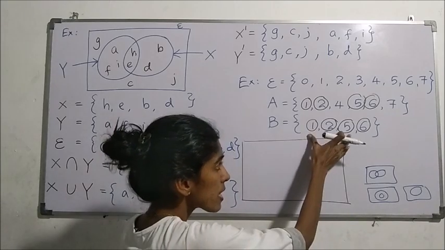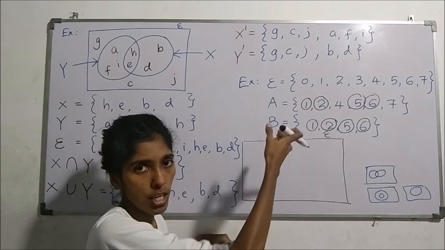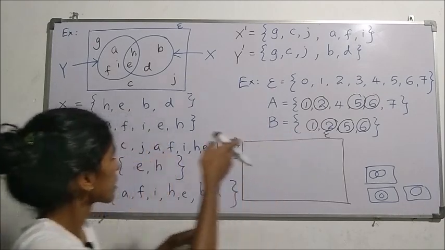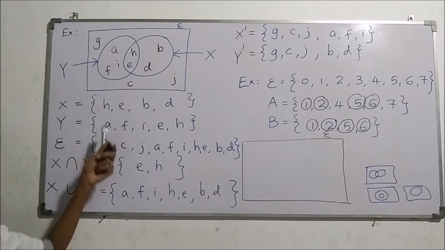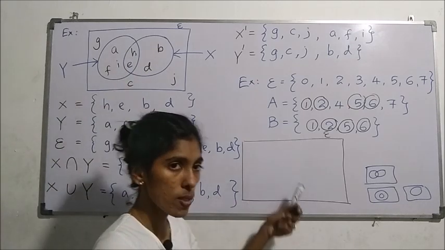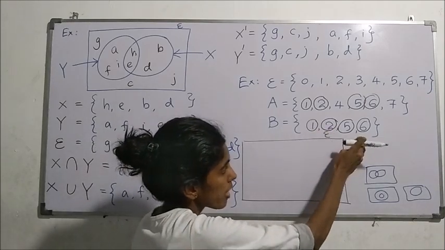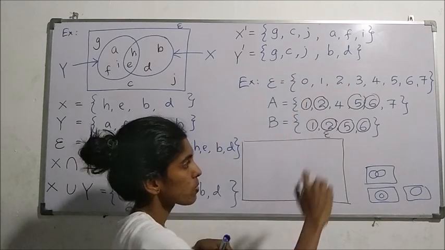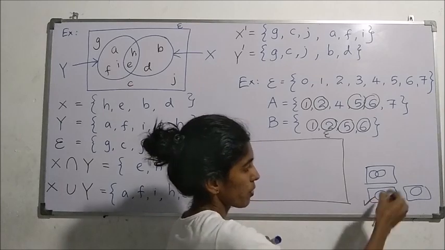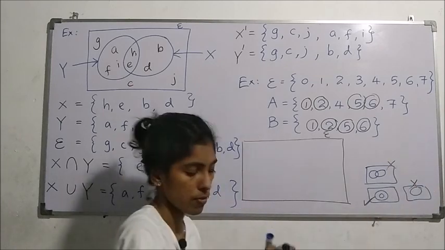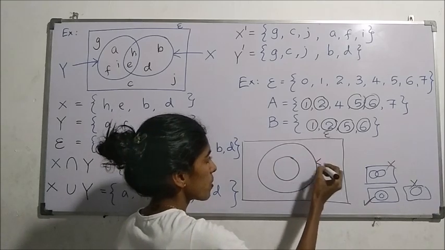All in set B can be seen in set A. That means B is a subset of set A. Earlier it was not so, only H and E were common to both the sets X and Y, but here all are common. Each and every element can be seen in set A also. So B is a subset. If it is a subset, we need to go to this option, not to this or not to this. After deciding that only, you can draw the two sets.